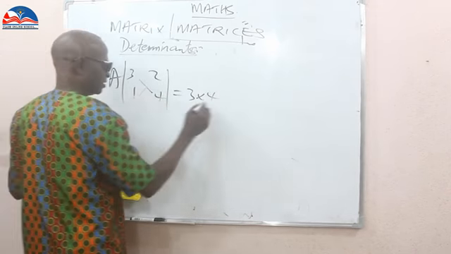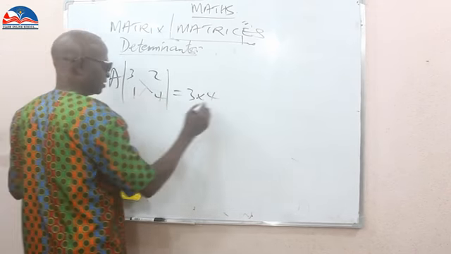Now, since we learned the matrix of second order, we are going to use it: cross multiply, cross multiply. So I'm going to resolve this: 2 into minus 1 times 1 minus 0 times 2. Cross multiply this, subtract this.